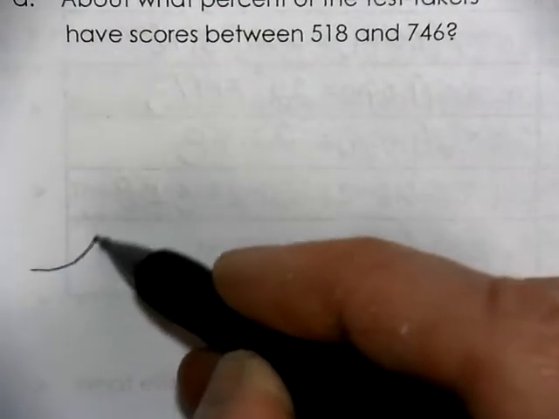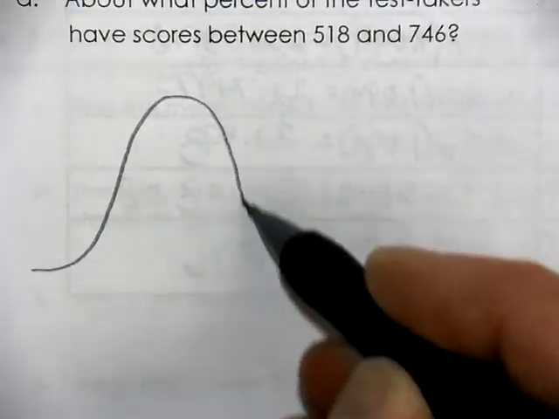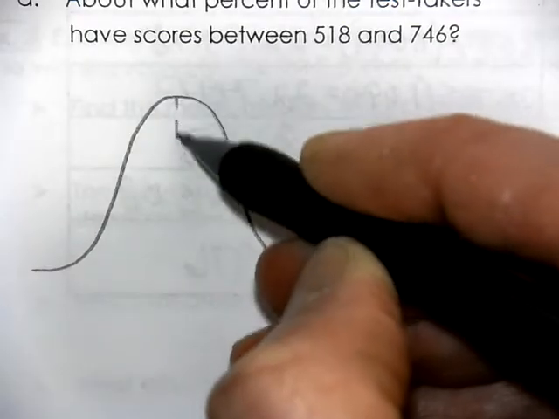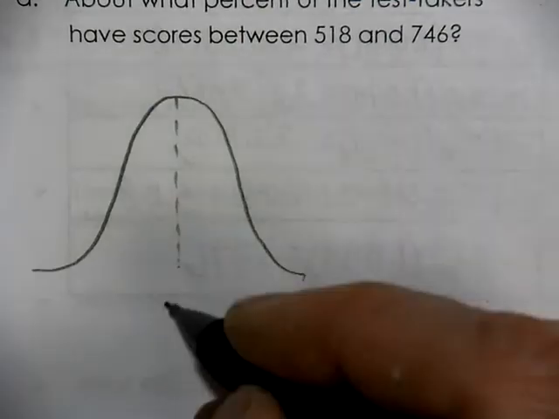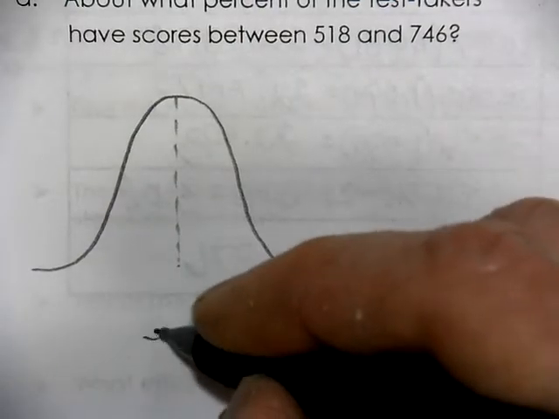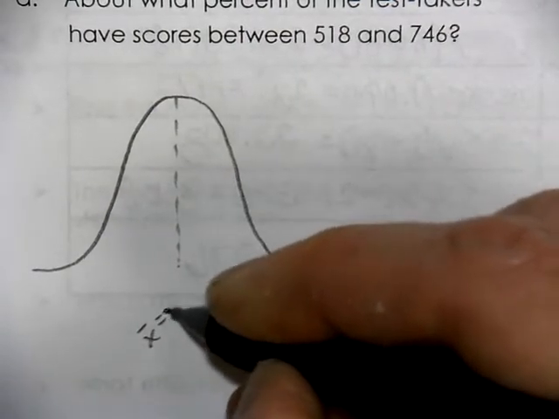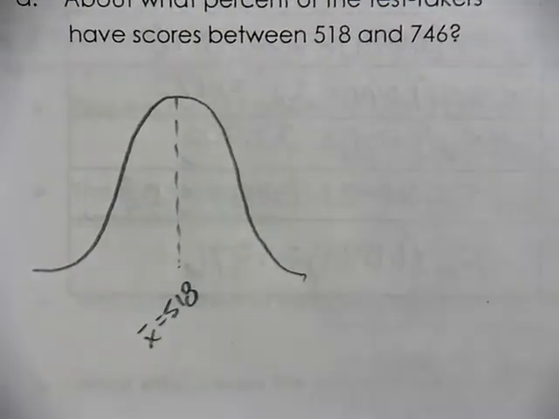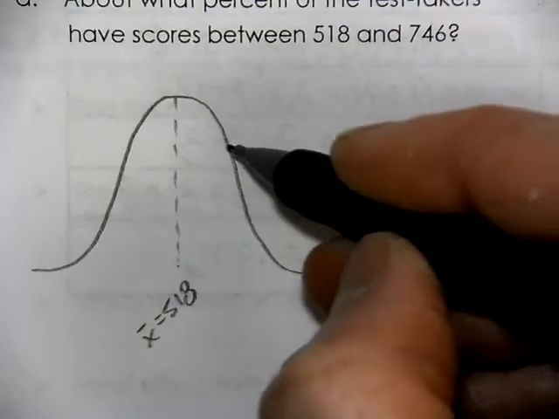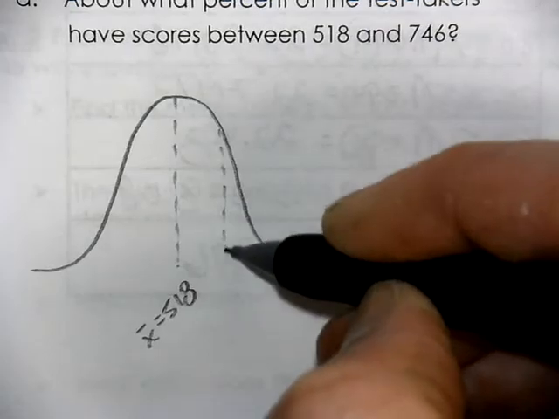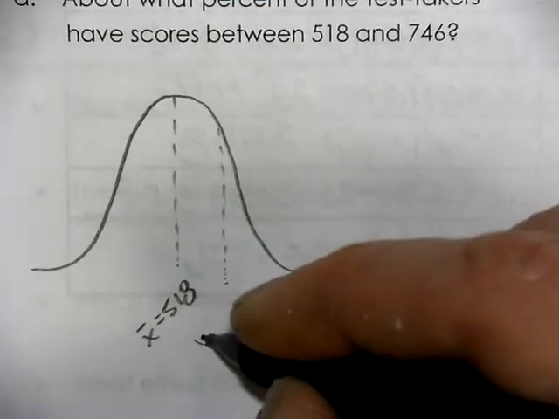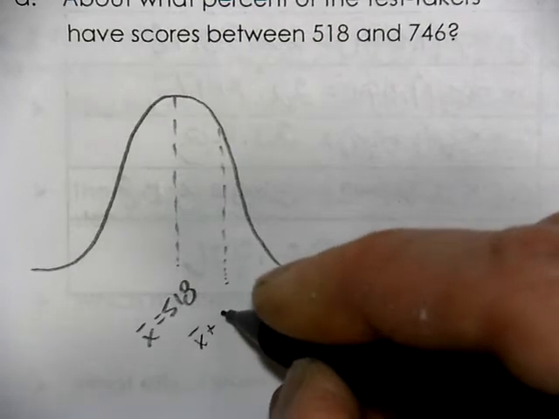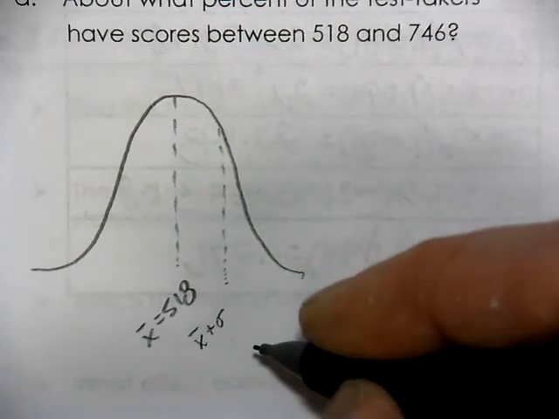Well, we'll come to our bell-shaped curve. We now have a value for our average. Our x-bar is 518. 1 standard deviation above the mean, that's x-bar plus 1 standard deviation.